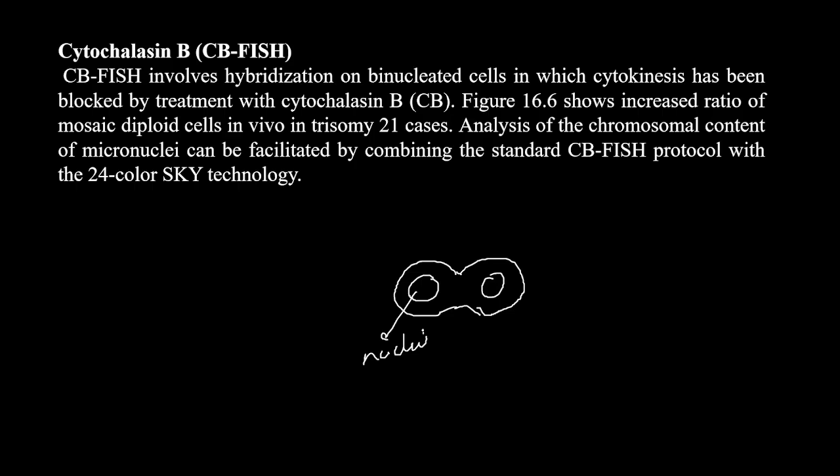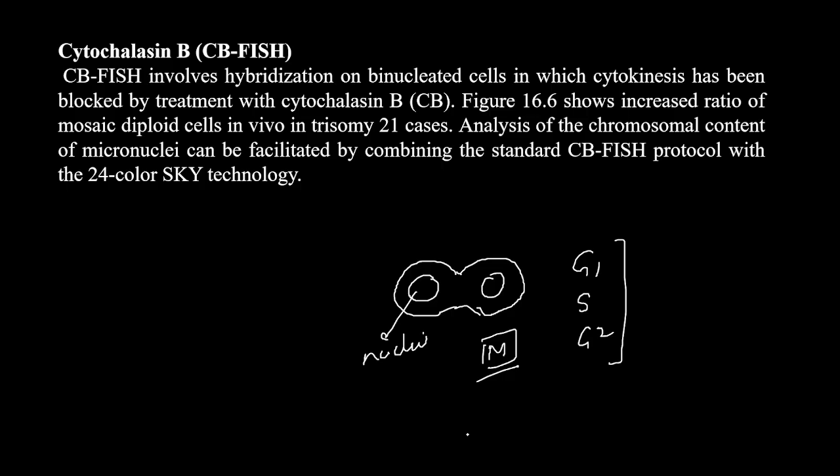So that we are sure that the cells are in the dividing phase. They are not in the non-dividing phase, because there are non-dividing phases also: G1 phase, S phase, G2 phase. We want the cells in the dividing phase, so we use cytochalasin, and we are sure that the cells are in the dividing state.